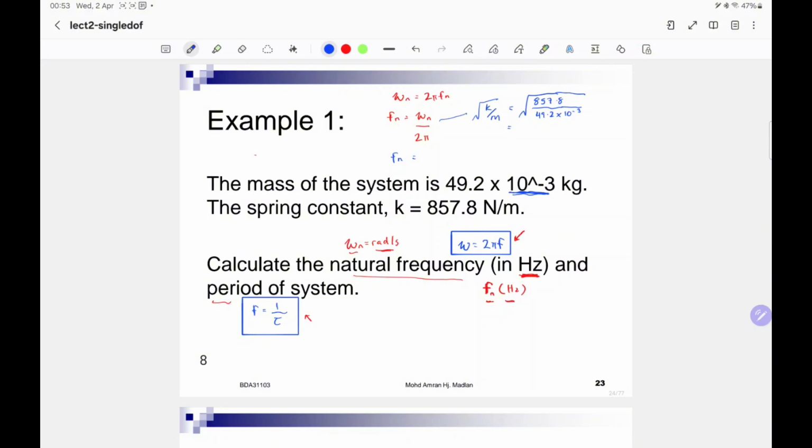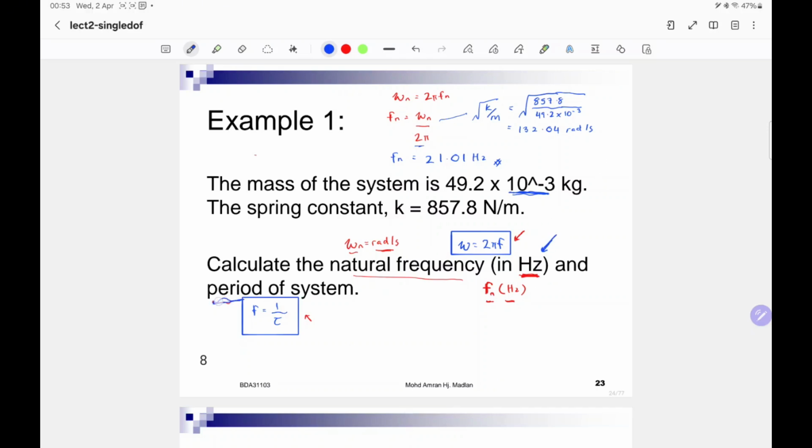So you get omega n equal to square root k over m, 132.04 radian per second. If you divide this with 2 pi, you get 21.01 Hertz. So we have already answered this question.